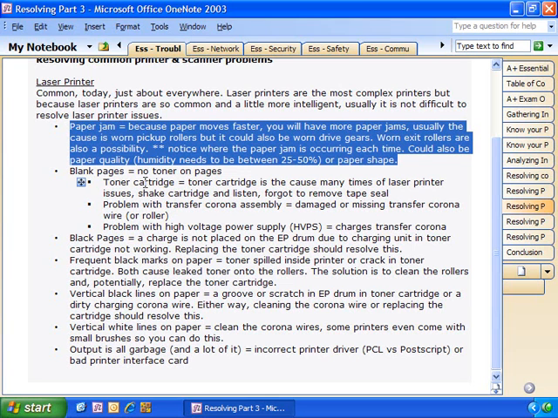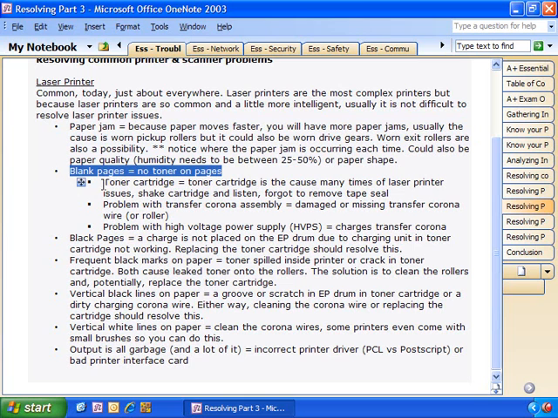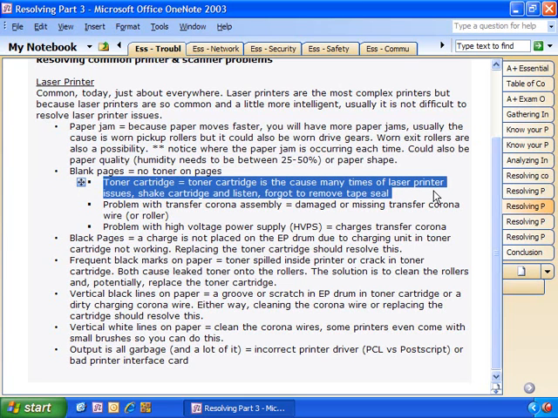The next one is blank pages or no toner on the page. Now this can be caused by a toner cartridge. The toner cartridge is many times the cause of laser printer issues. Just like on a bubble jet printer, the ink cartridges that contain the print head are many times the cause of the issue. You can shake the cartridge and you can listen for toner to see if the toner has completely run out.